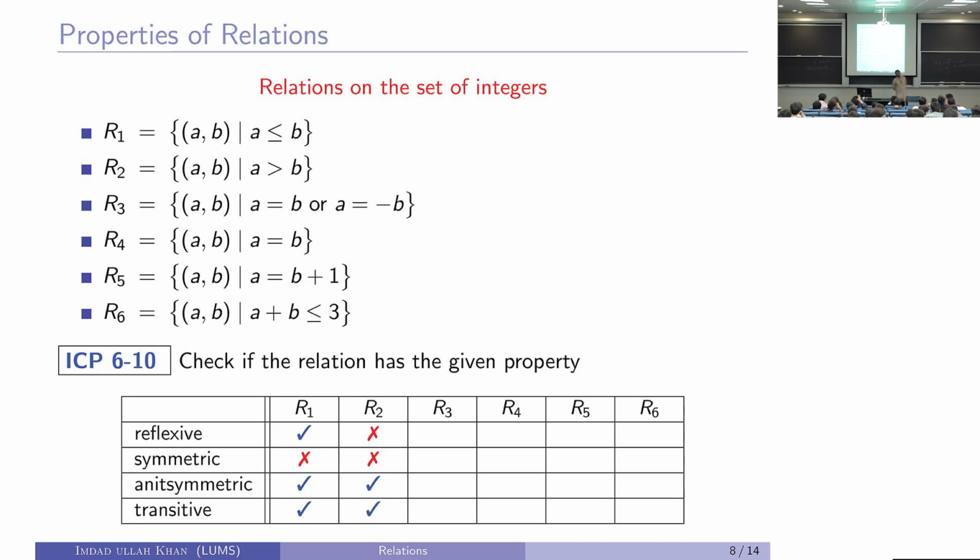Yes, because 1 and minus 1 are not equal, but the condition stands. 1 is related to negative 1 and also negative 1 is related to 1, in R3, even though they are not equal.